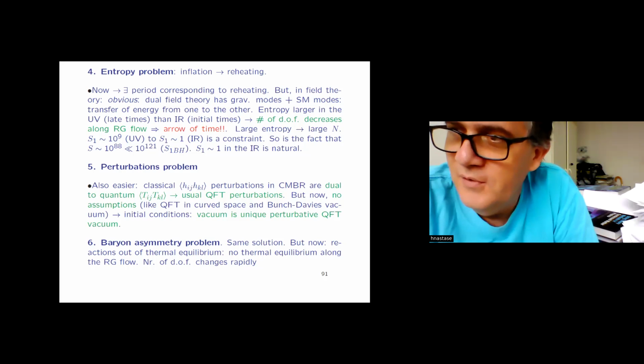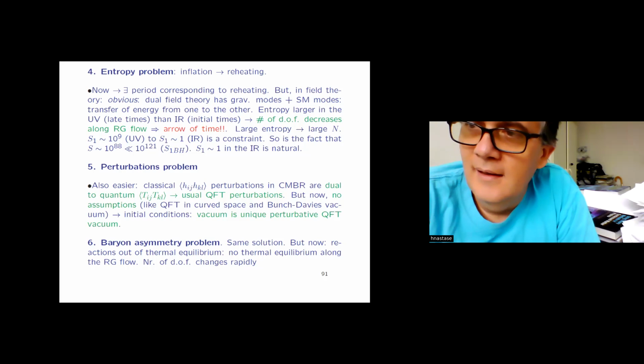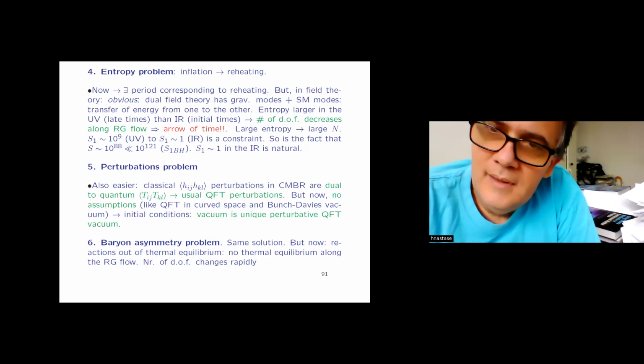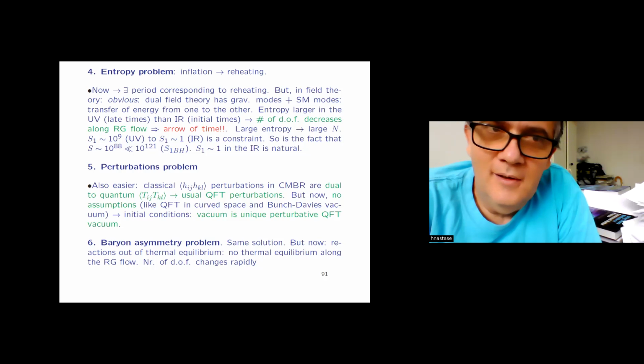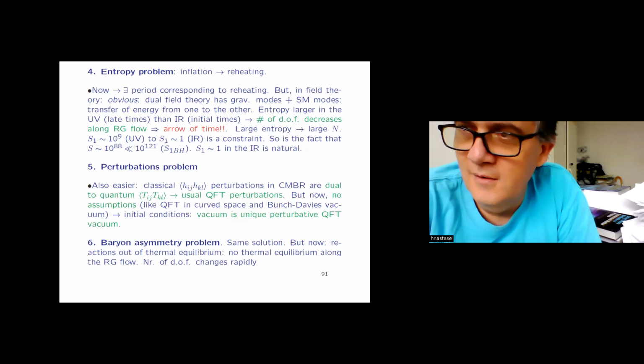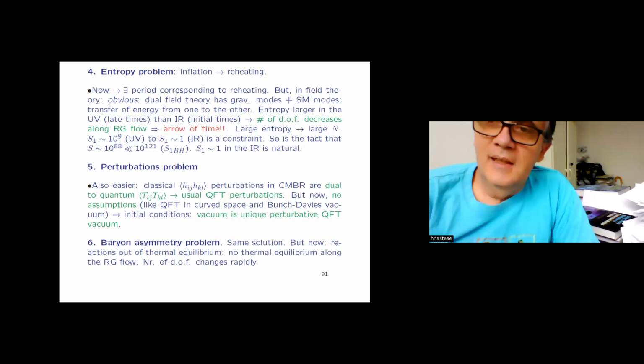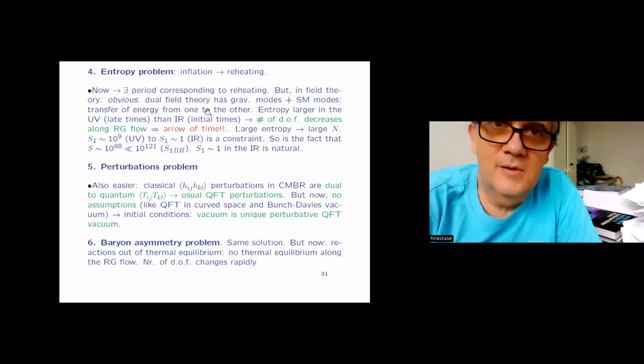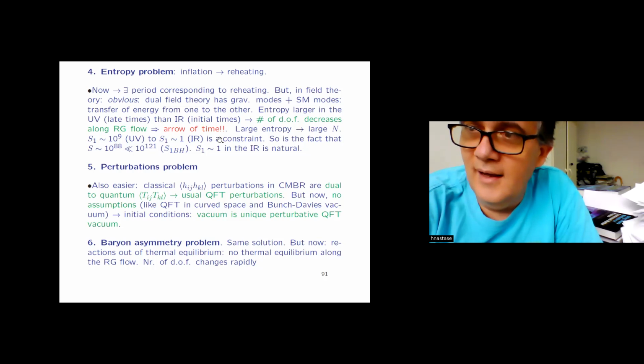It's just this generic fact that we have the number of degrees of freedom decreasing along the RG flow, therefore increasing along the inverse RG flow. That corresponds to the entropy increasing. And as a bonus, this gives us the arrow of time, right?